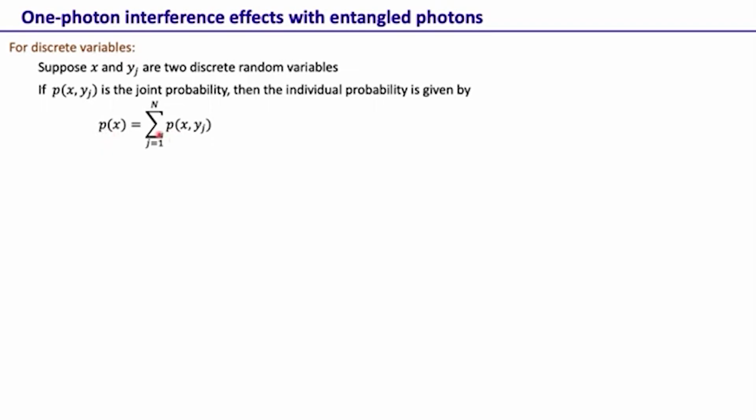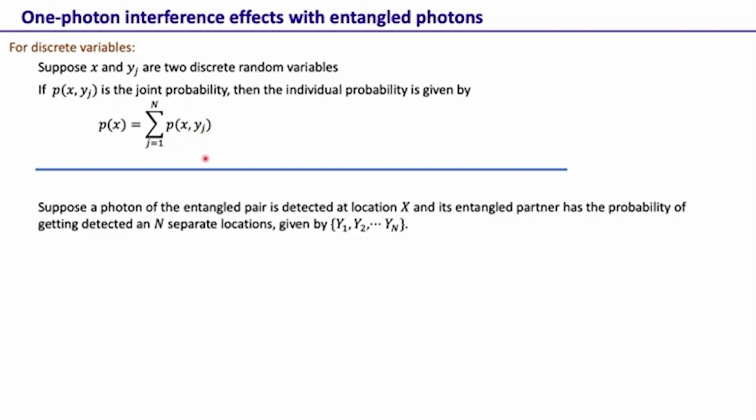So p(x) can be written in terms of the joint probability p(x, yj), with yj from 1 to n forming a mutually exclusive set. If we know all these probabilities, then we can calculate the individual one. So by knowing the joint probabilities, one can calculate the individual probability. Of course, this needs to be a complete set and the yj's are mutually exclusive.